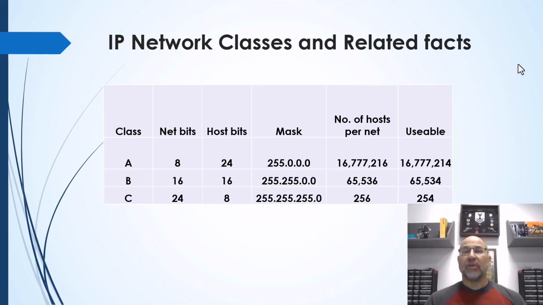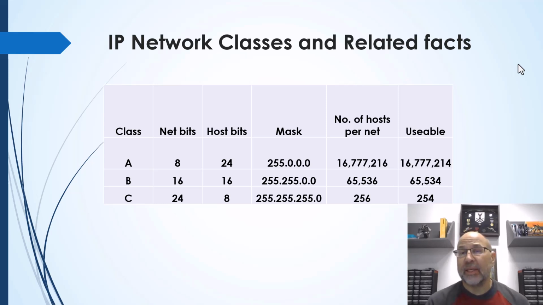Now, Class Bs are the next step down. So there are 16 network bits and 16 host bits. Actually, we say a lot of times that there are 14 network bits because of the patterns that are allowed. So we'll say 16 or 14 because it's just the first collection.